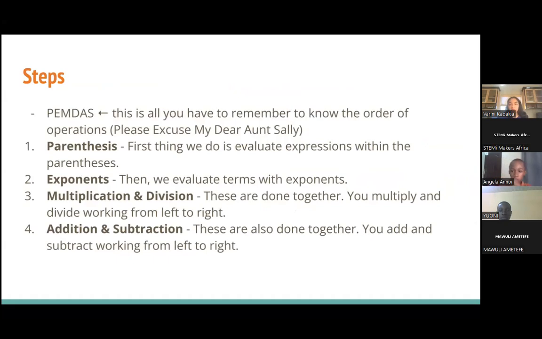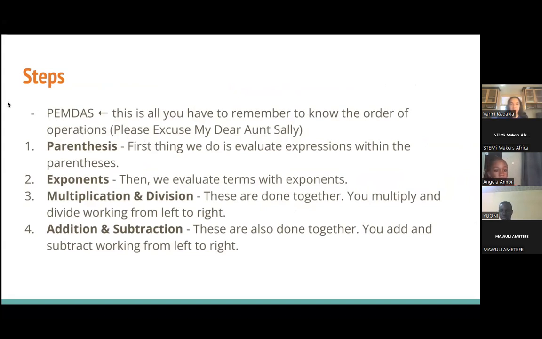So, we're just gonna go over the steps for PEMDAS again. You have to remember this, as it will help you with the order of operations. One way to remember it is, please excuse my dear Aunt Sally.